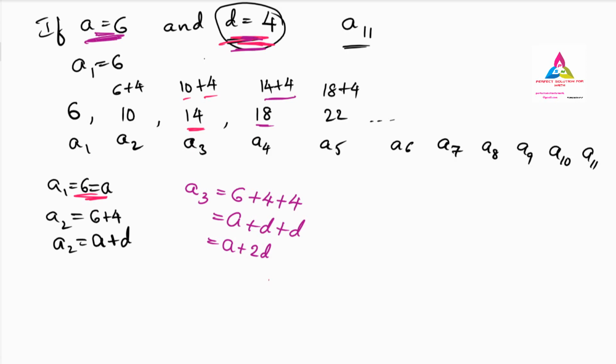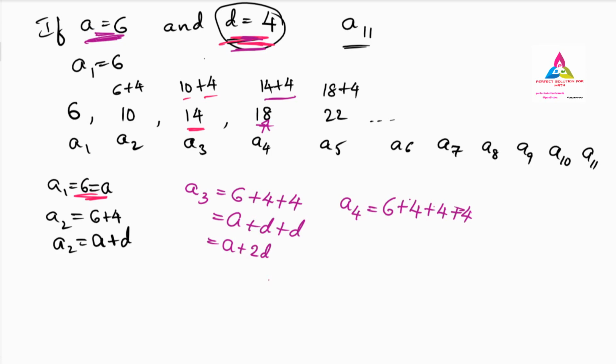Next, coming to a4. How to find that a4? a4 is nothing but 18. So it can be written as 6 plus 4 plus 4 plus 4. So 6 plus 4 is 10, 10 plus 4 is 14, 14 plus 4 is 18.